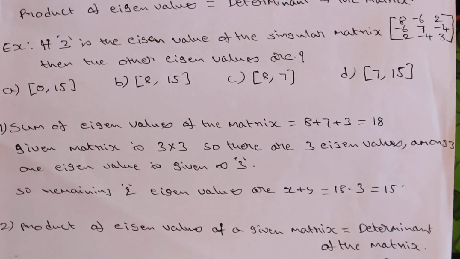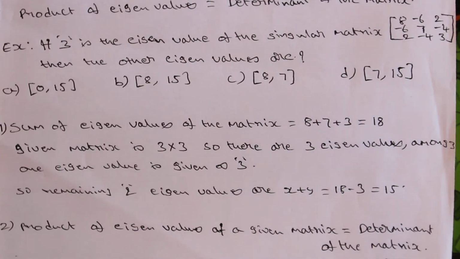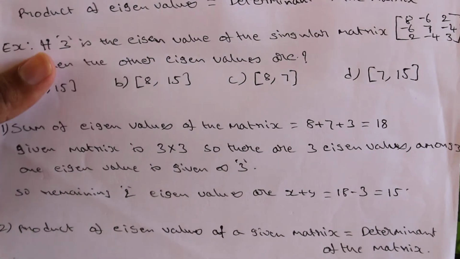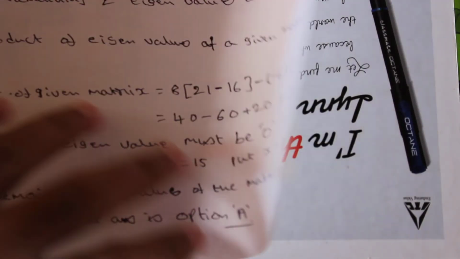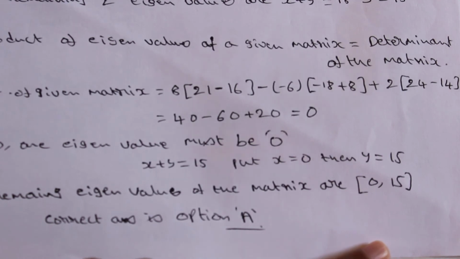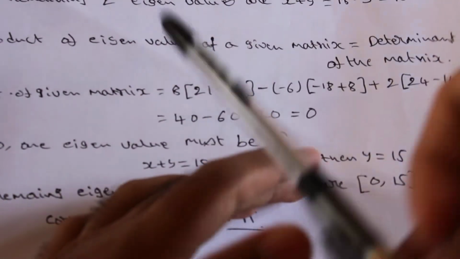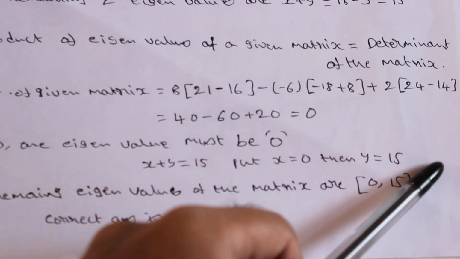Suppose it is not mentioned, then you have to calculate the determinant of the matrix and verify with the options. Product of the eigenvalues of the matrix is the determinant of the matrix.